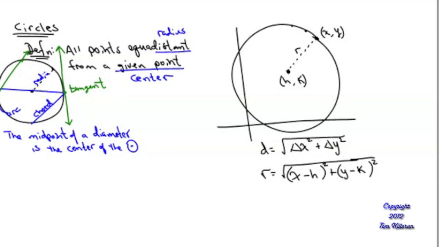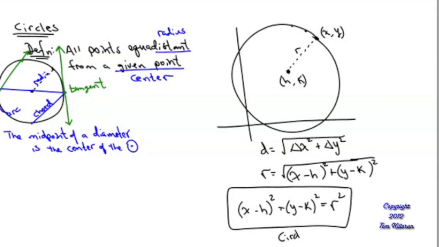For circle purposes, they generally get rid of the square root, so what can I do to both sides? Square it. And I'm just going to switch sides. So the formal equation of a circle is x minus h all squared plus y minus k all squared is equal to r squared.